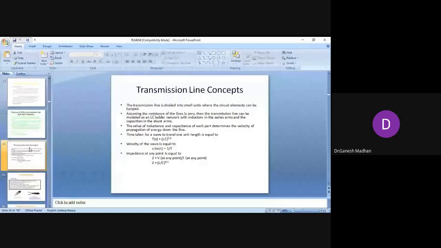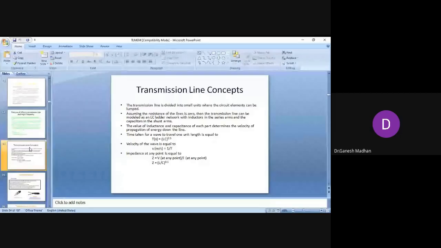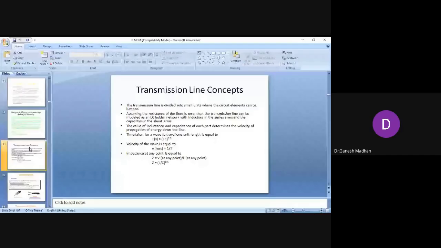Next, of course, if you are having a LC network or a network having L and C, you always have a definition of impedance, right? You always have a definition of impedance. So this impedance offered by the wire has to be considered for finding out the properties of the two-wire line.